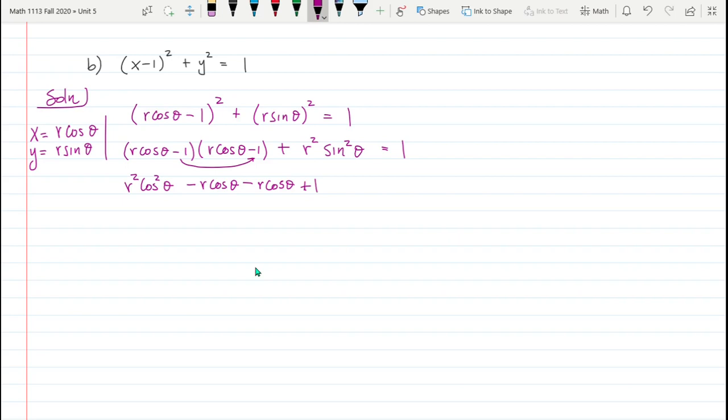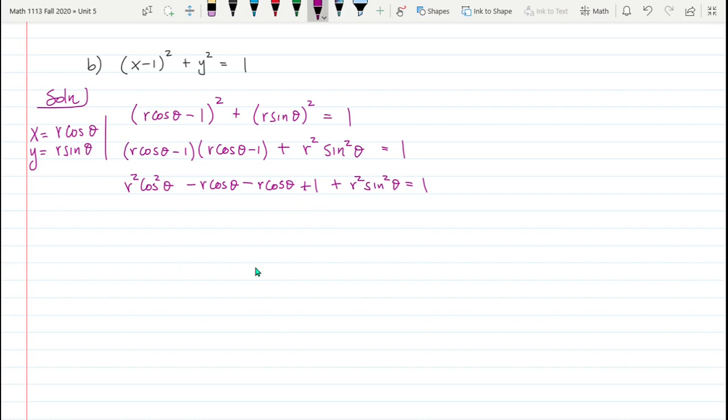And then plus r squared sine squared of theta equals 1. So hopefully that makes some sense as to what I've done so far. This is the F, this is the O, this is the I, and this is the L in FOIL. Okay?